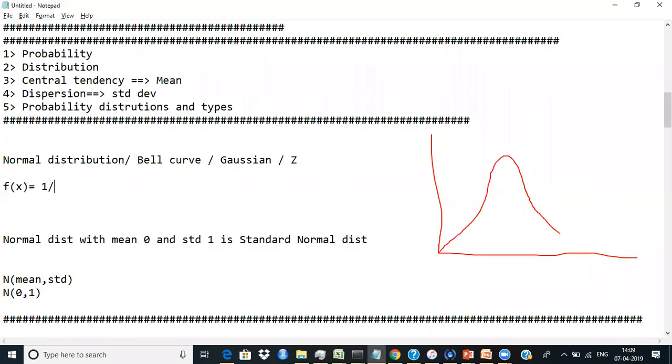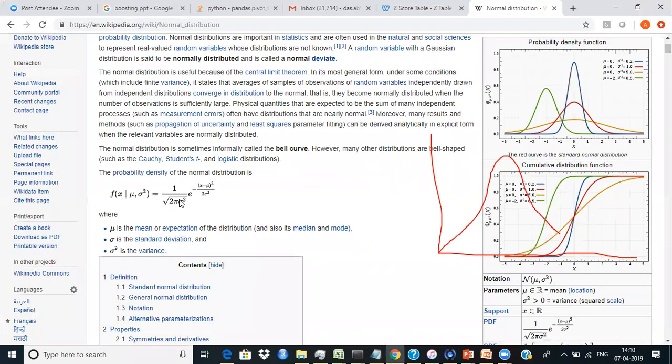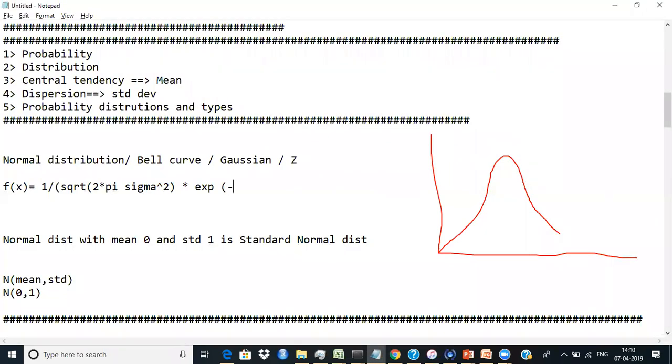So basically 1 by square root of 2 into pi into sigma to the power 2 into e to the power minus of x minus mean to the power 2 divided by 2 into sigma to the power 2, right? I'll come to it.